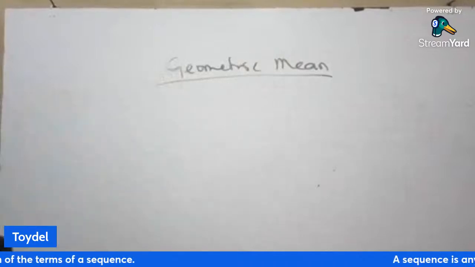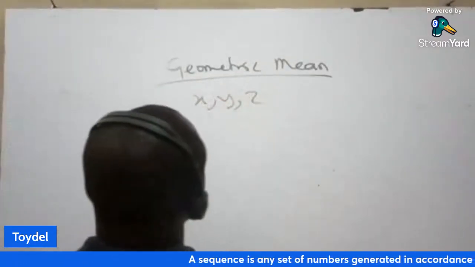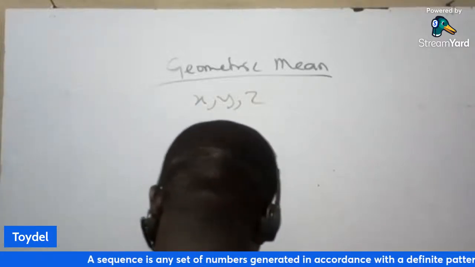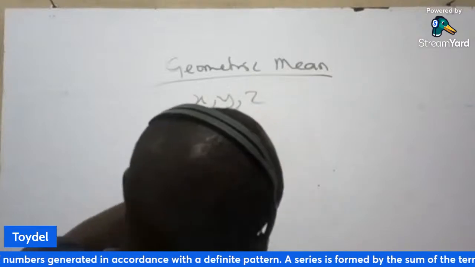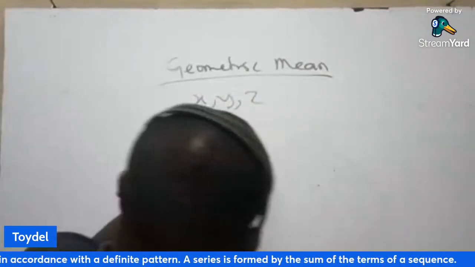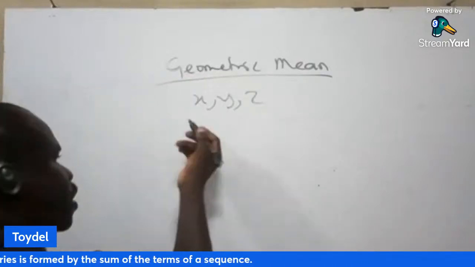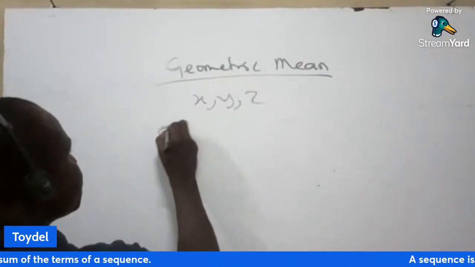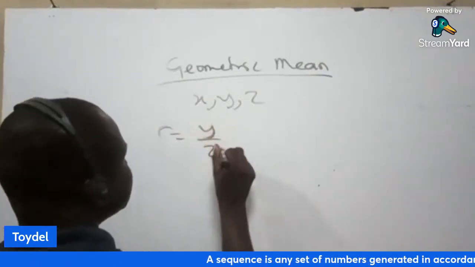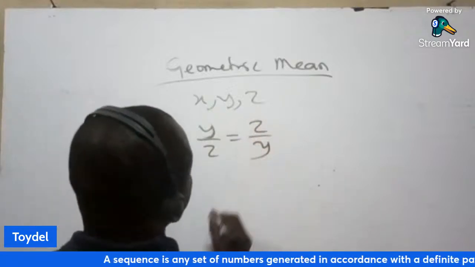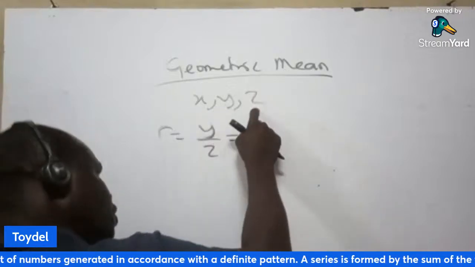That is, if we have three consecutive numbers, x, y, and z, and these numbers are in an exponential sequence, they are being arranged in exponential sense, x, y, z, then how do we get the geometric mean? Of course, here we talk about common ratio, r. Under the arithmetic mean, we talk about common difference. Here now we are going to have y all over x to be equal to z all over y, because the common ratio here will be second term divided by first term, or third term divided by second term.